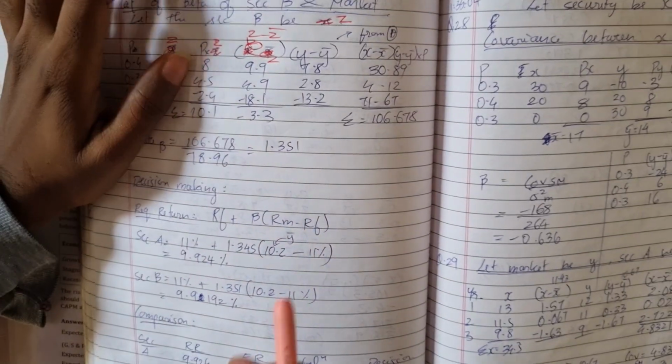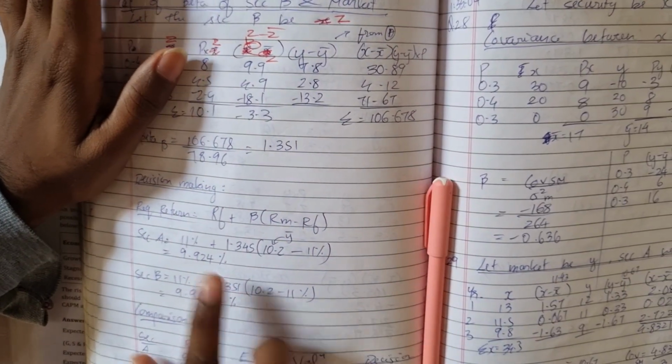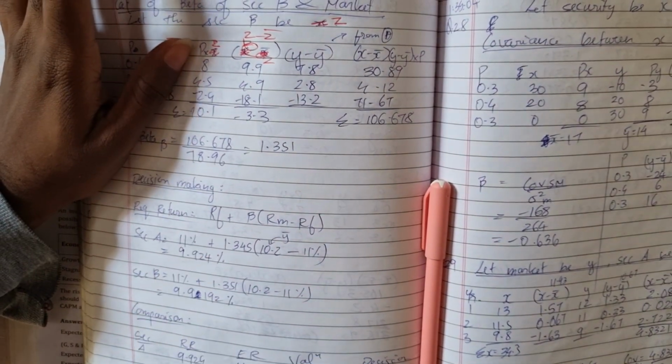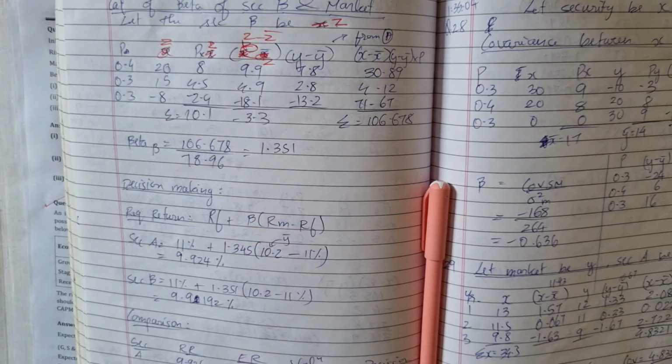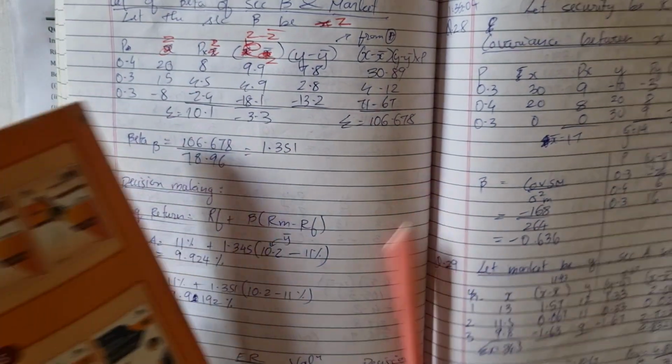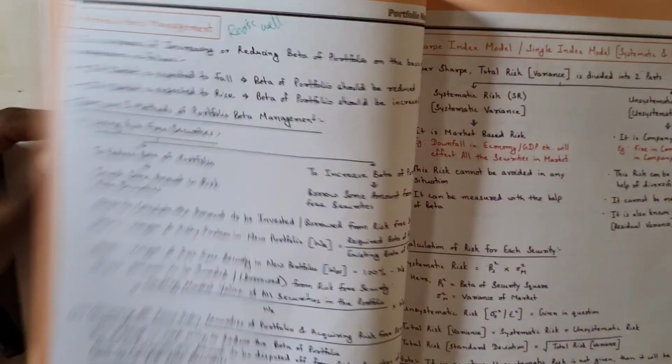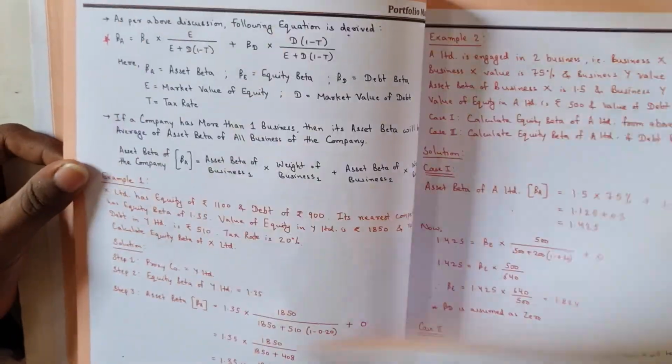Now see what we are doing here in comparison. We got the required return from CAPM, and we have to compare it with our MPT theory's expected return. That's also what was written in the concept book.